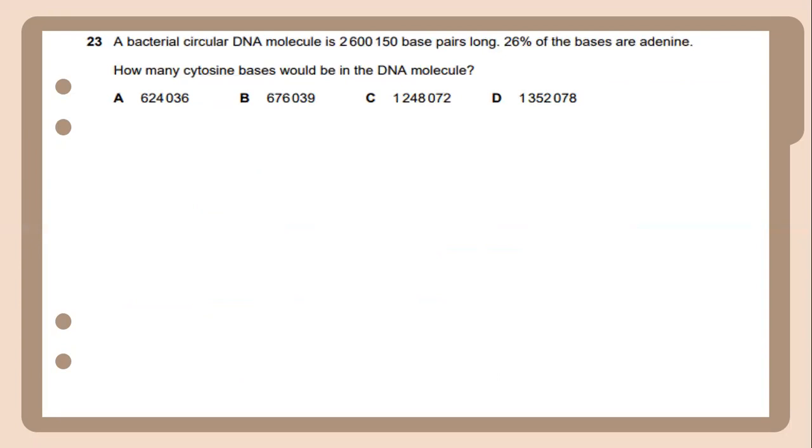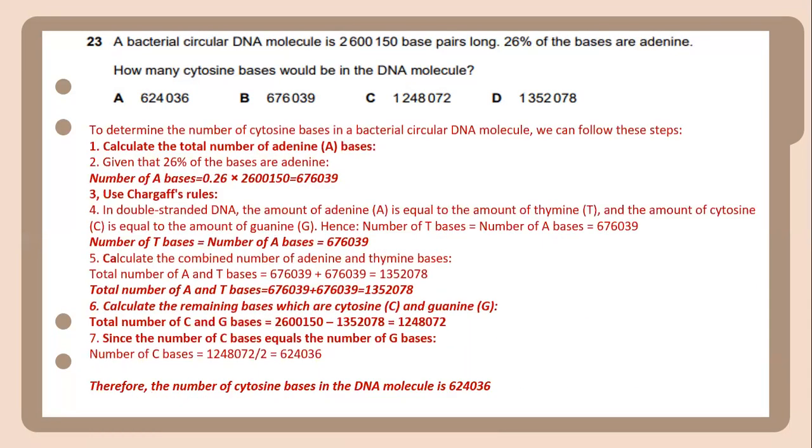A bacterium's circular DNA molecule is 2,600,150 base pairs long, and 26% of the bases are adenine. How many cytosine bases would be in the DNA molecule? To determine the number of cytosine bases in a bacterial circular DNA molecule, we can follow these steps.